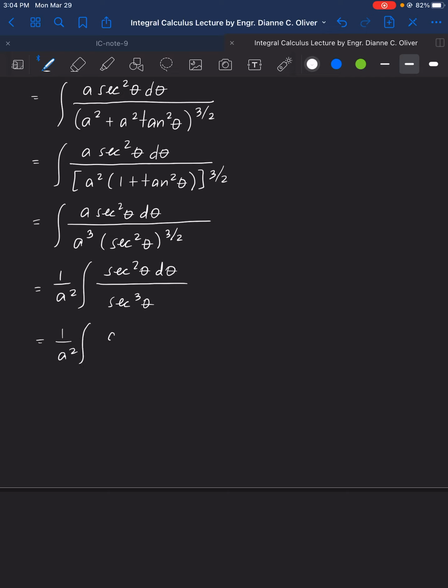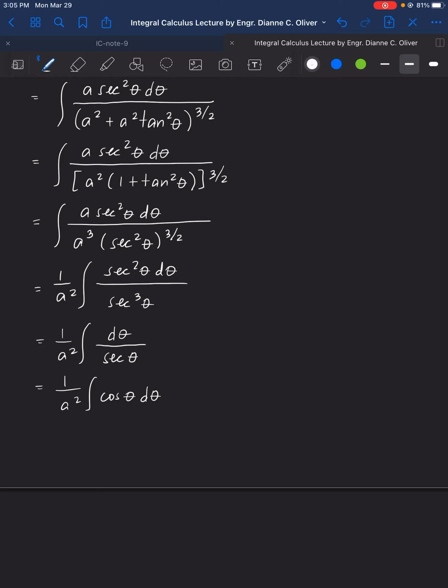Cancel out, so we have d theta all over secant theta. Now we know that 1 over secant is cosine theta, or that cosine theta is equal to 1 over secant theta. So this becomes 1 over a squared integral of cosine theta d theta.